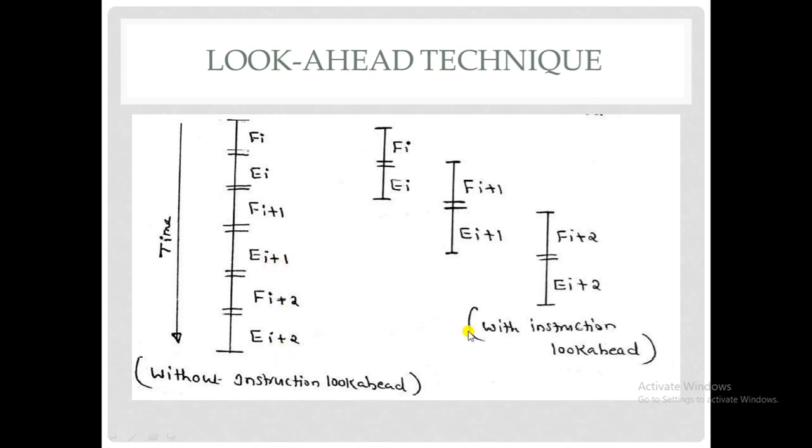But in the look-ahead technique, after completion of the fetching of the ith instruction, the processor can start the fetching of the (i+1)th instruction and the execution of the ith instruction simultaneously. This will definitely reduce the processing time and increase the efficiency. That is the difference between without instruction look-ahead and with instruction look-ahead technique.